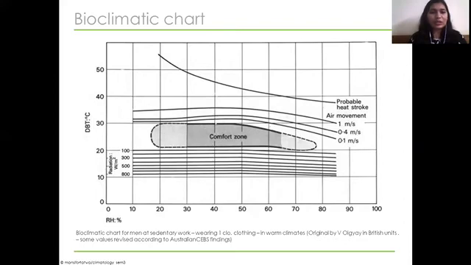Okay, so it suggests the addition of heat or removal of heat. So heat loss is required or heat gain is required. All those ideas are given by the bioclimatic chart.